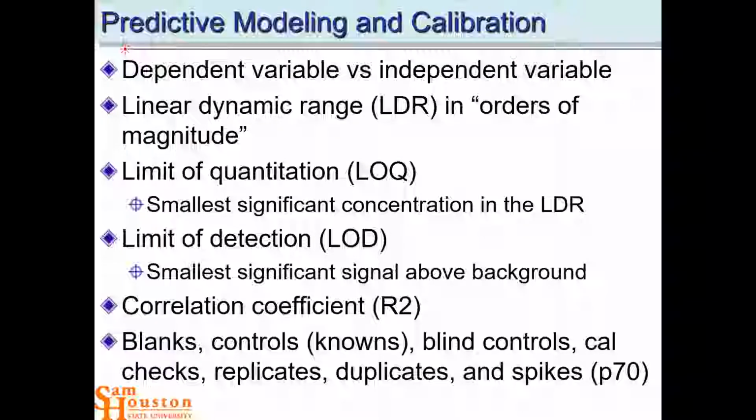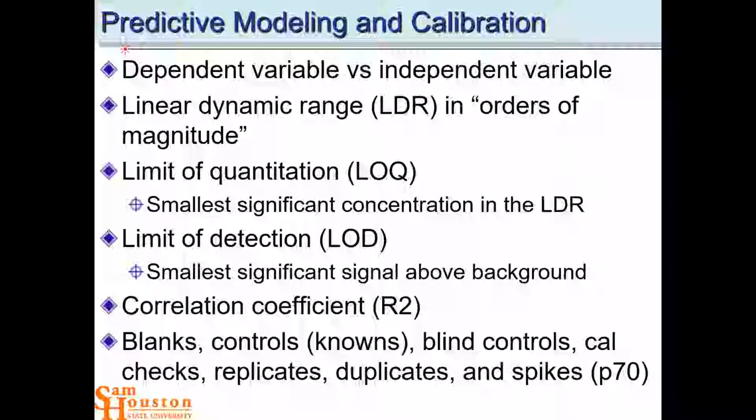But controls are known samples that you're running through your calibration just to check your calibration. So that's why it's a control sample. And blind controls are ones that someone else prepares and they know the concentration, but you don't. So you can check your bias. In that case, you have no idea where this one should show up. Calibration checks, again, you can run one of your calibration samples again.